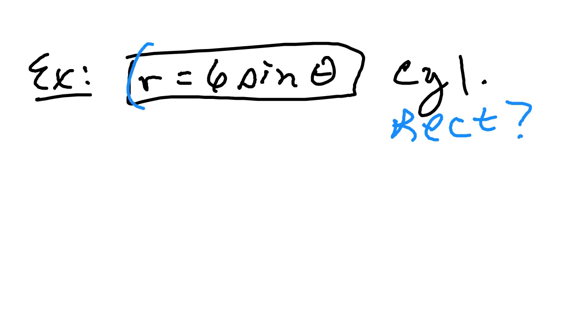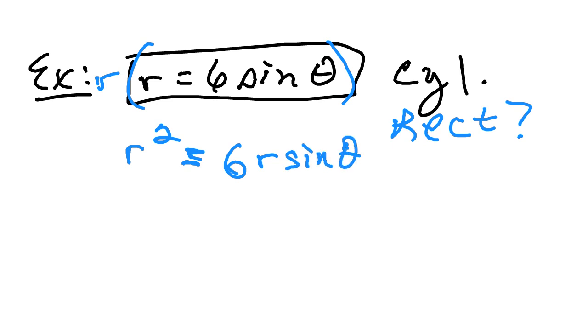Well, one thing I could do to both sides of an equation is multiply both sides by r. And if I do that, I'm going to get r squared equals 6r sine theta. Now I can take this r sine theta and rewrite it, because I know that is y.